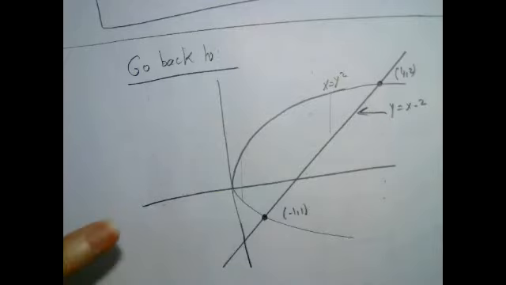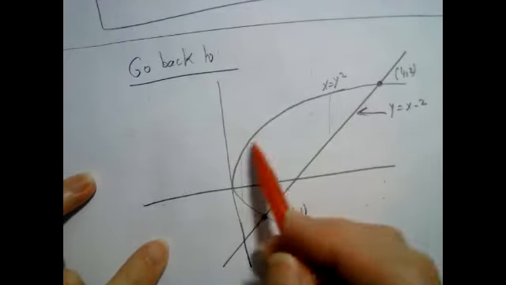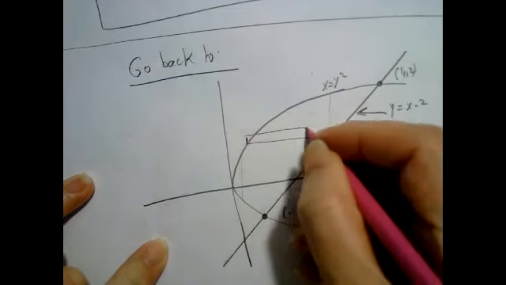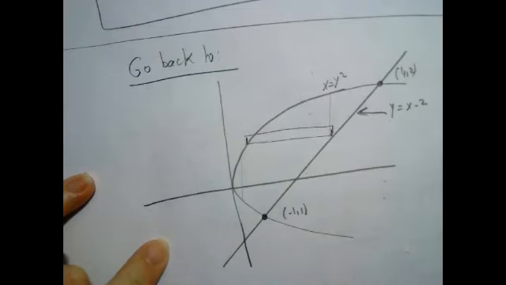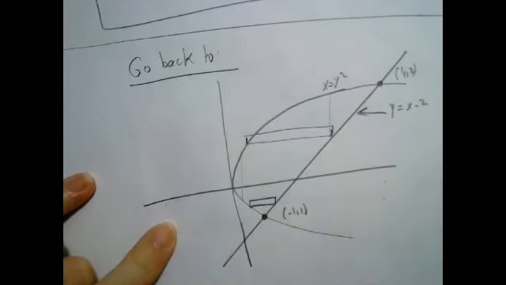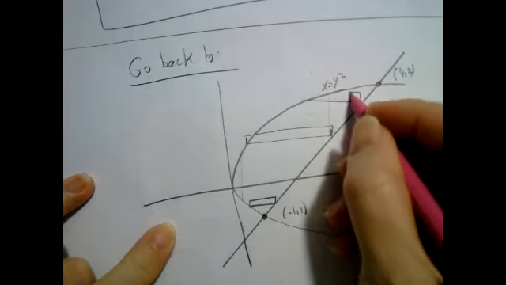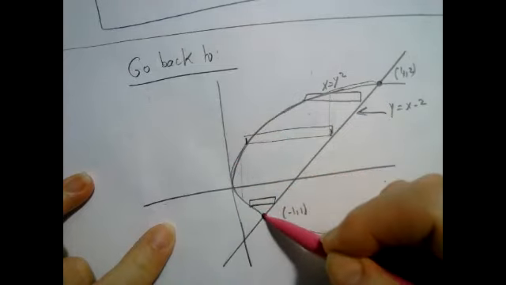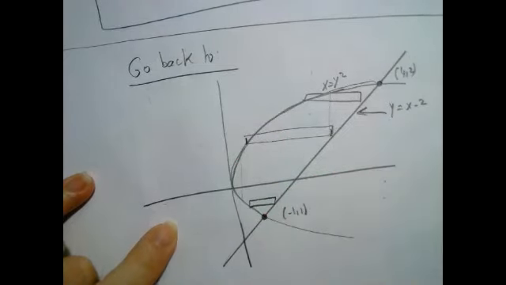So let me go back to you. If I think horizontally, this way, if I want to cover it with those type of rectangles, what is the left curve in this problem? Y squared. Is it changing? No. Whether I take my rectangle here or I take my rectangle here, the left curve is always the same. What about the right curve?